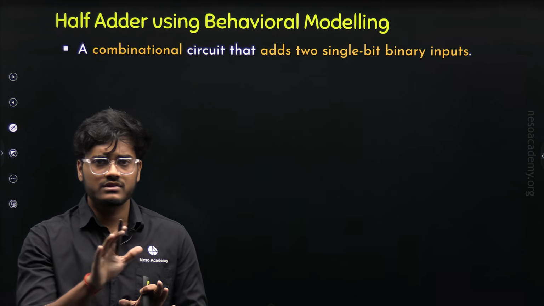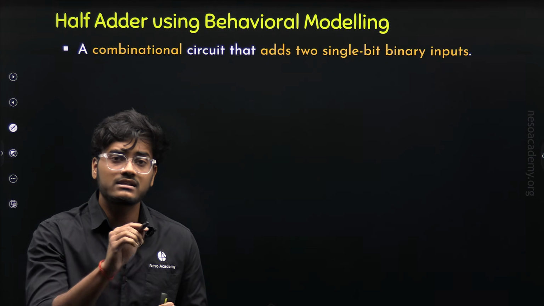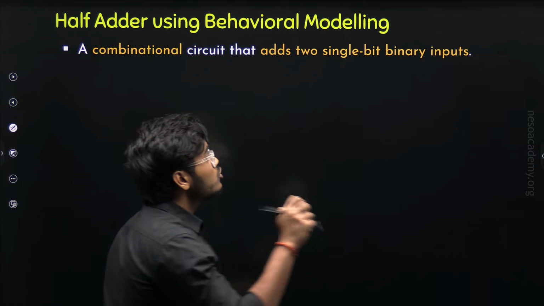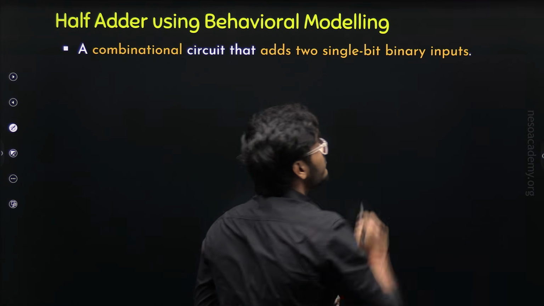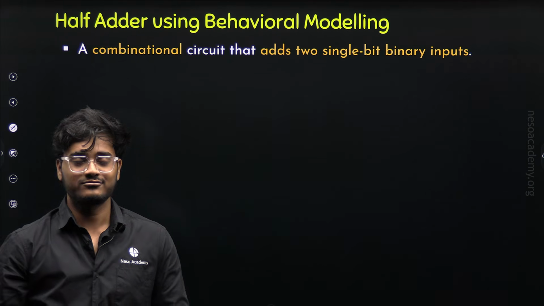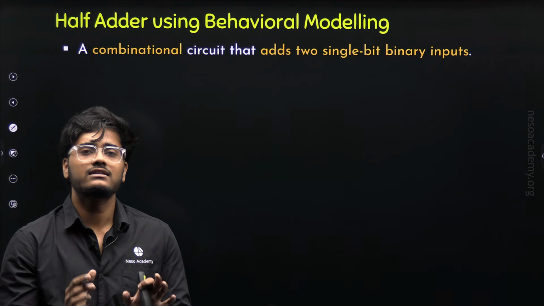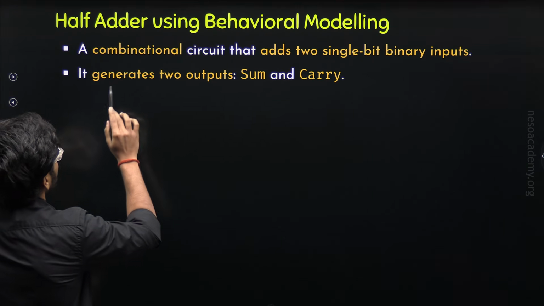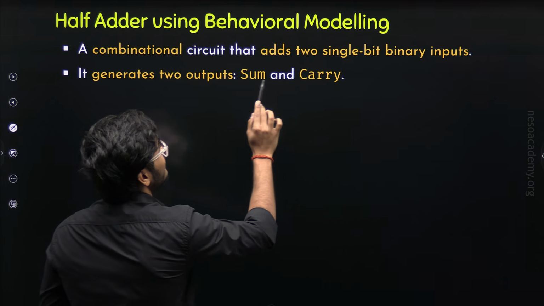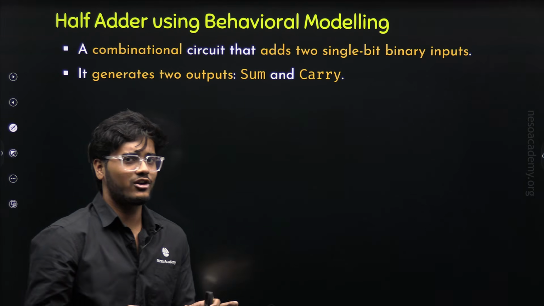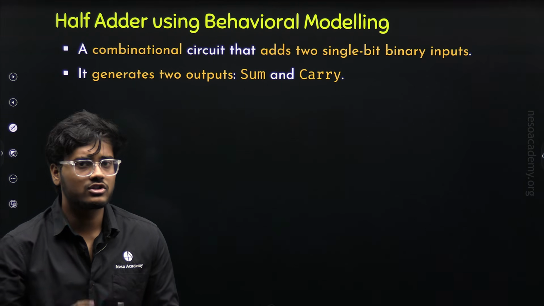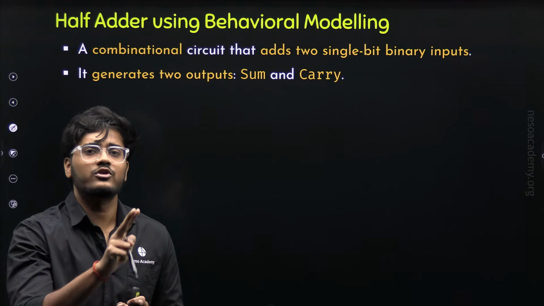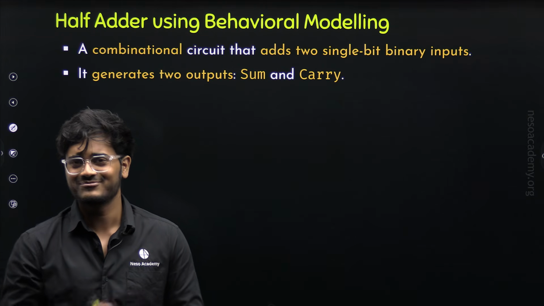Half adder generates sum and carry, and this sum and carry entirely depend on the present 2 single bit binary inputs that we are adding. Therefore, a half adder is a combinational circuit. Second point, half adder generates 2 outputs, sum and carry. As I already explained, half adder adds 2 single bit binary inputs and generates 2 outputs, sum and carry.